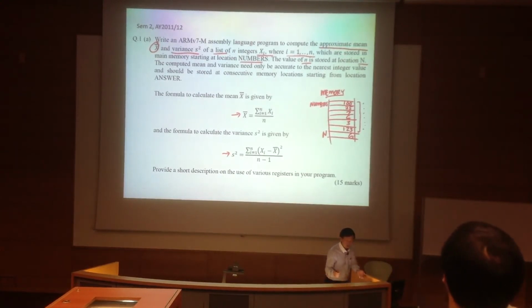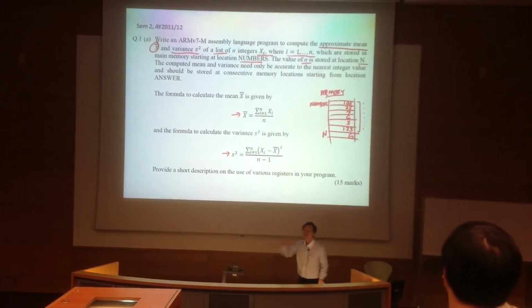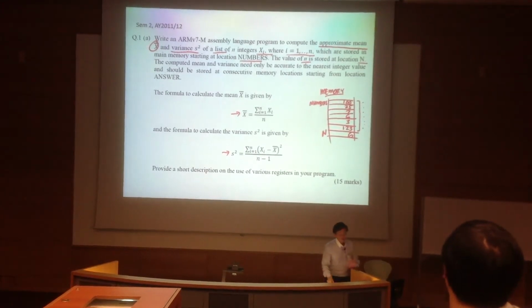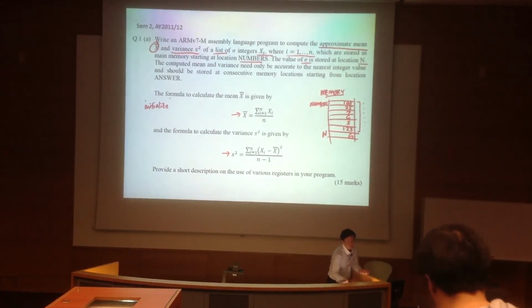Now the thing is, when you want to write a program, at the first part of the program, what do you normally write? You need to initialize some registers or some values, usually, right? So, standard, the first part of the program is initialize.